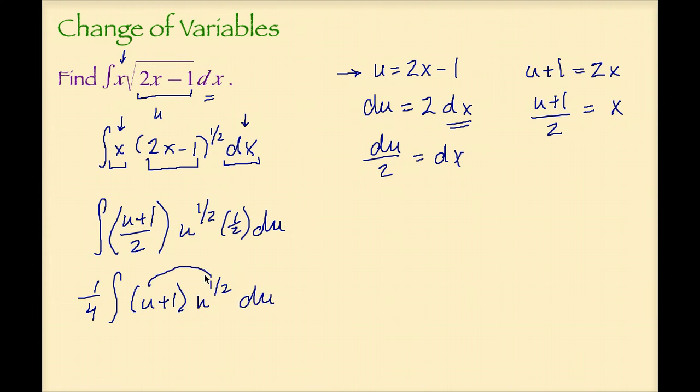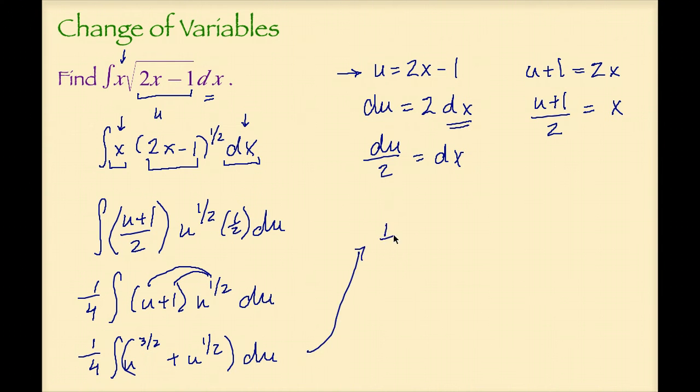Now let's distribute the u to the 1/2 to both of the u terms. 1/4, then I'll have u to the 3/2 plus u to the 1/2, and then of course du. Now notice that I can integrate each of these terms using the power rule. So this is going to give me 1/4. Adding 1 to this exponent gives me 5/2, so this will be 2/5 u to the 5/2.